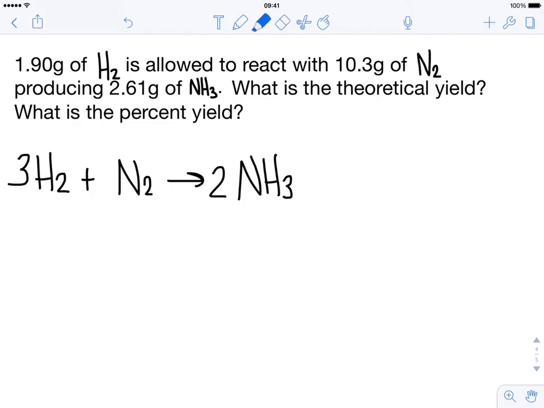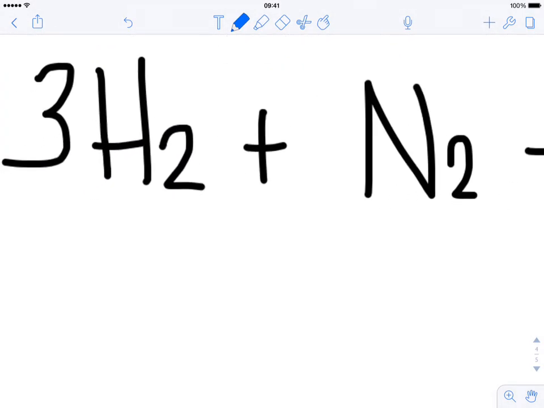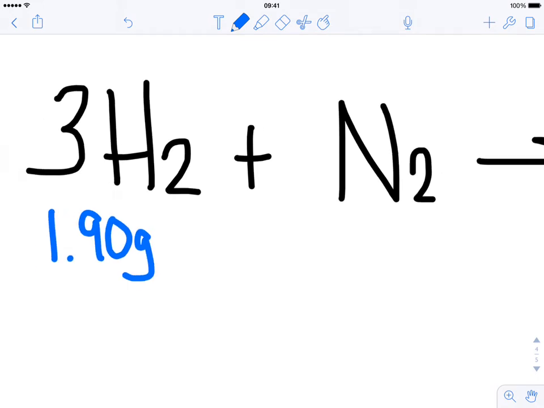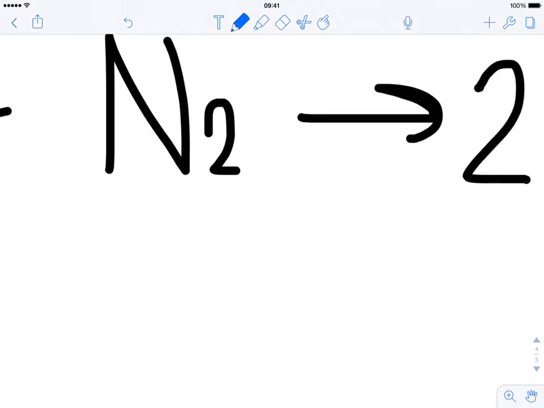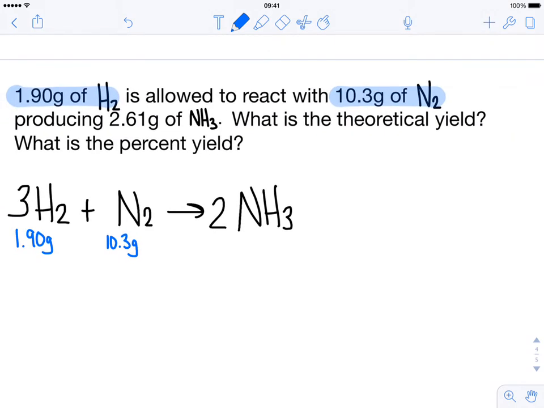And just like in all the other problems we go over, I like to identify what it is that we're given. So we're told we have 1.90 grams of H2. So I'm going to write that under here, 1.90 grams. We're told that we also have 10.3 grams of N2.